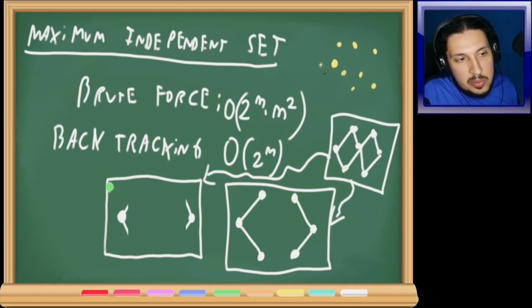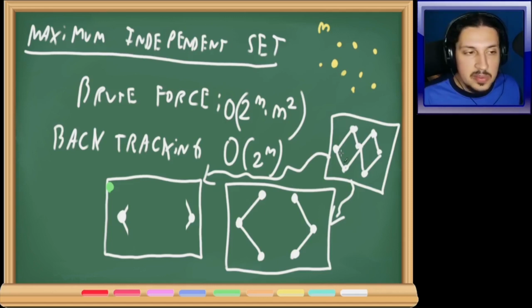So the other extreme would be n vertices with 0 edges. Well, that test case would be the worst for our current backtracking implementation. That would kill our current backtracking implementation because in both cases, whether it takes a vertex or not, it will always reduce the number of vertices by 1.